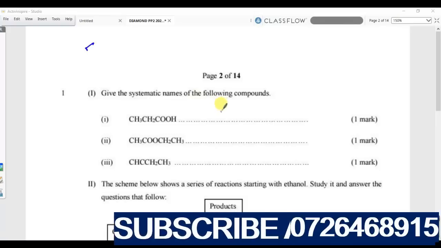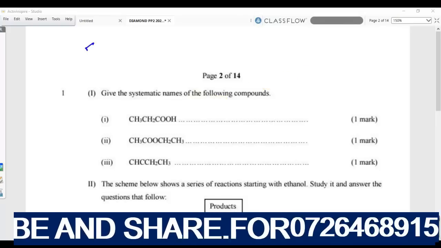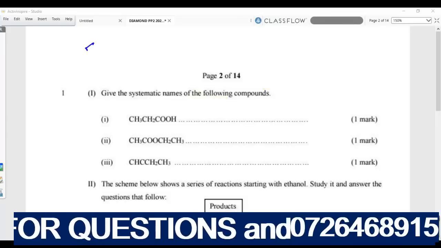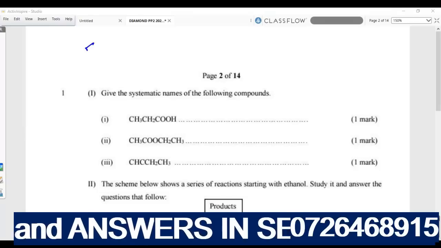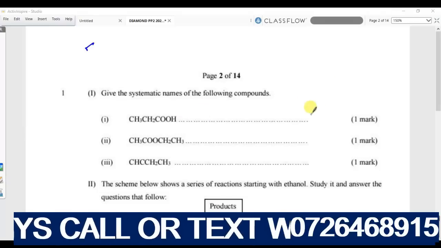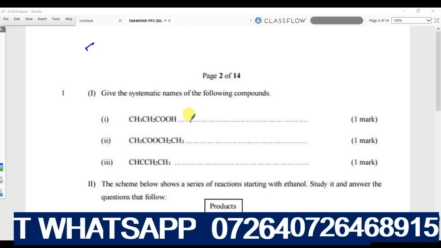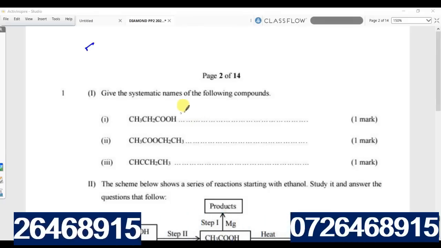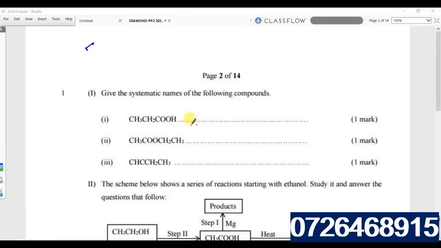Let us look at chemistry paper 2. The first question is from organic chemistry. Give the systematic names for the following compounds. You have been given the first compound here. You need to look at it and identify which type of compound it is.